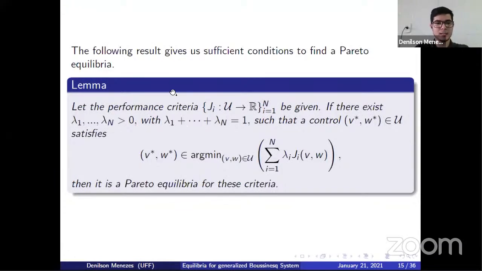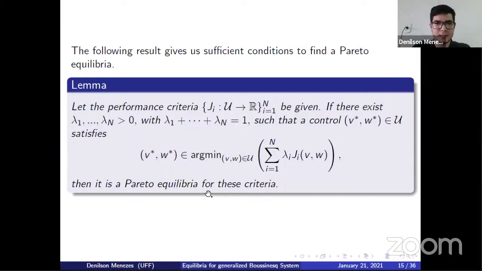And here is our first result. This result gives us a sufficient condition to find a Pareto equilibrium. If we have performance criteria Ji, i from 1 to n, this affirms that the argument minimizing the convex combination of Ji is a Pareto equilibrium for this criteria.